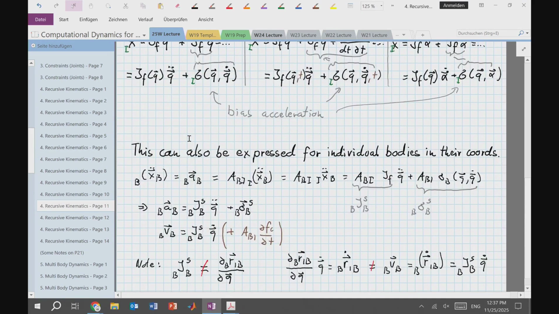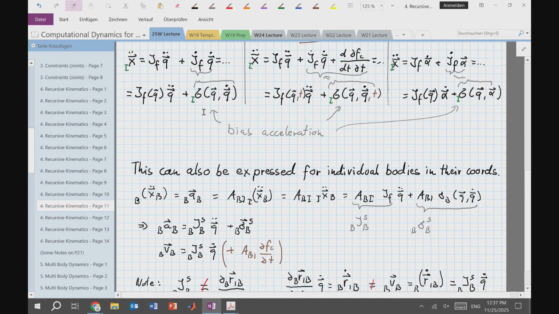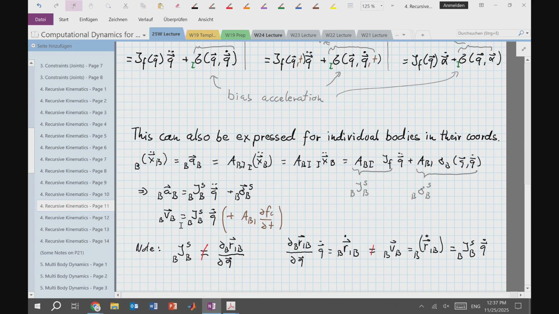We also want to get these Jacobians and these bias accelerations, because they preserve structure. There's a linear relationship that we see here between the acceleration of a body and the accelerations in the joints. And we will need these structures when we do dynamics.